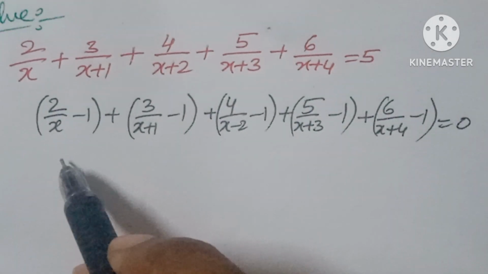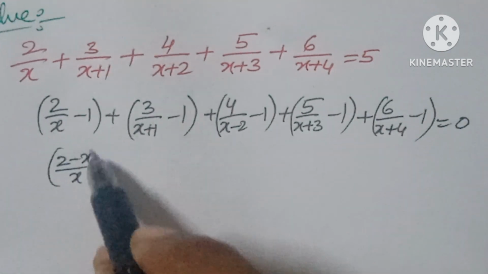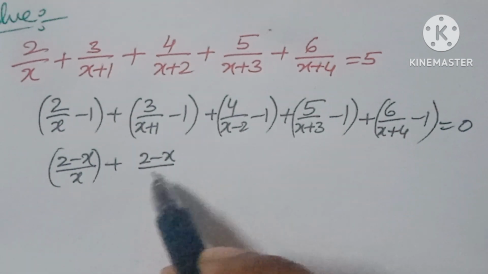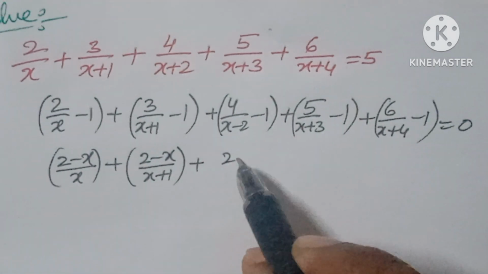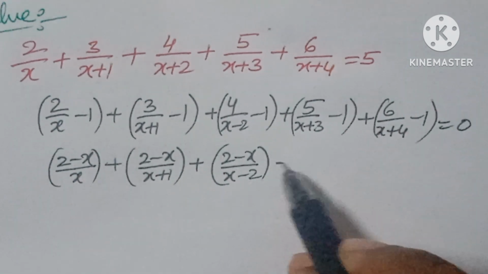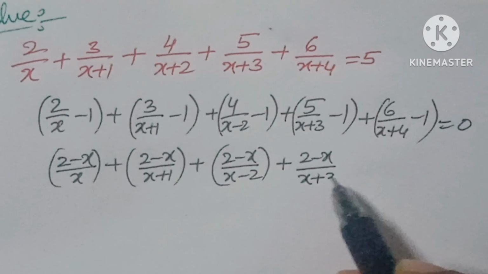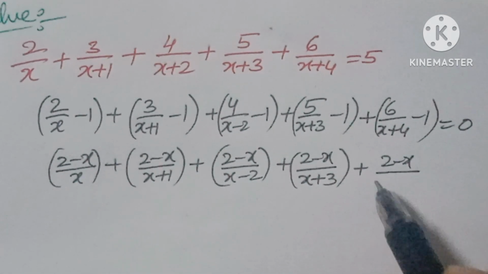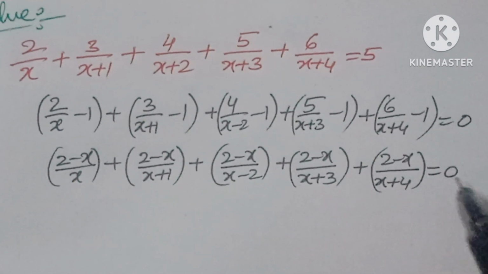So here what we'll get: (2 minus x) by x plus (2 minus x) by x plus 1 plus (2 minus x) by x plus 2 plus (2 minus x) by x plus 3 plus (2 minus x) by x plus 4 equal to 0.